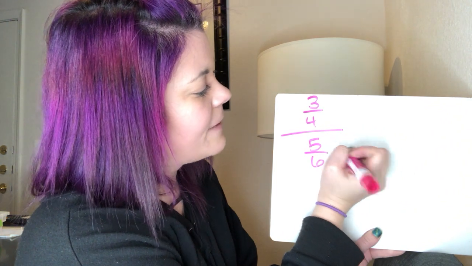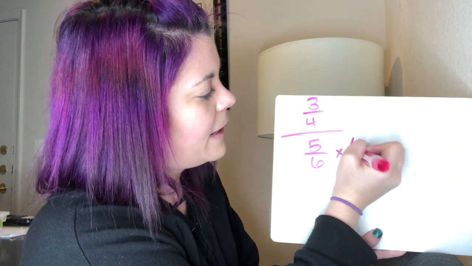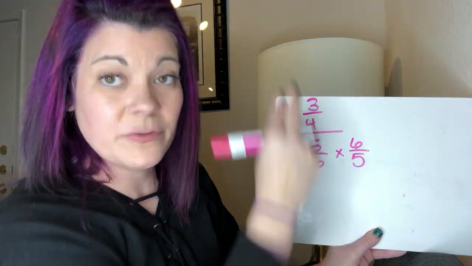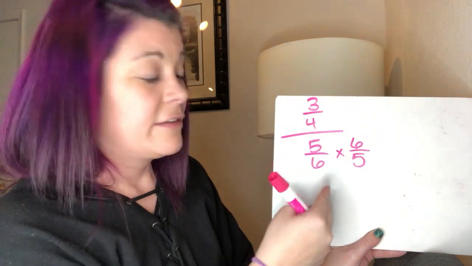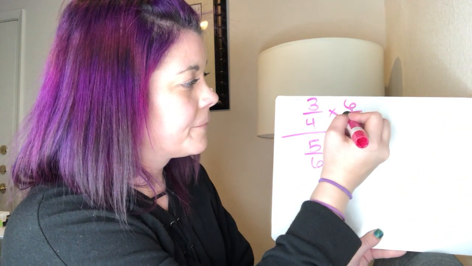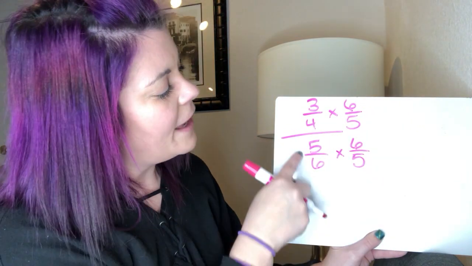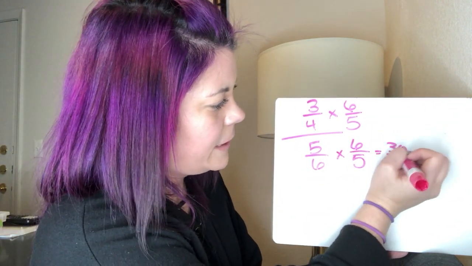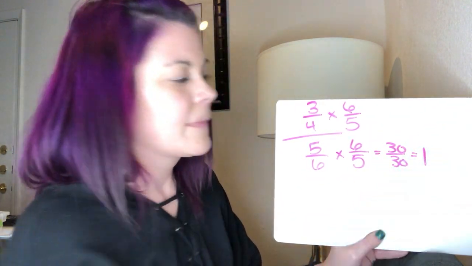So I'm multiplying by its reciprocal, but if I multiply the denominator by something to make this fraction still the same fraction, I have to do the same to the top. Okay? 5/6 times 6/5 would give me 30 over 30, which is just 1, right?